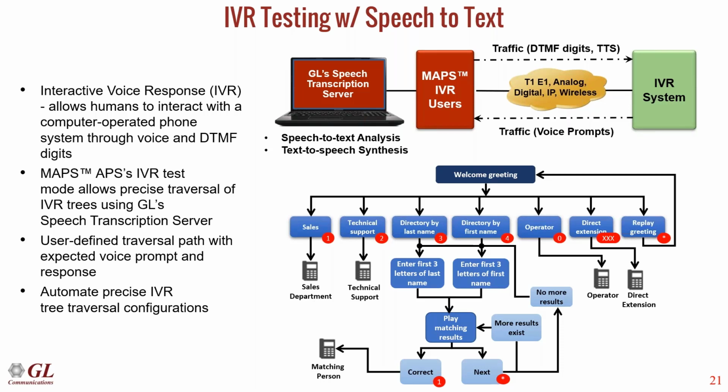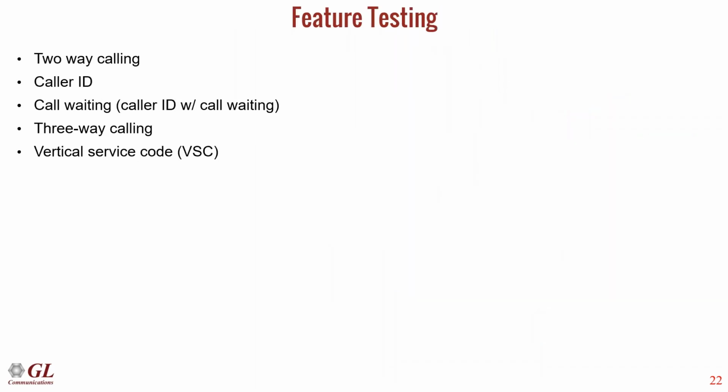And just to note, all the different things that we're talking about, the IVR, the VQT, all the other audio metrics, they can all be done within the same call. Or you could set up a script to do one thing one time, another thing another time. So everything is open-ended to what you want to do during your testing. Next slide.